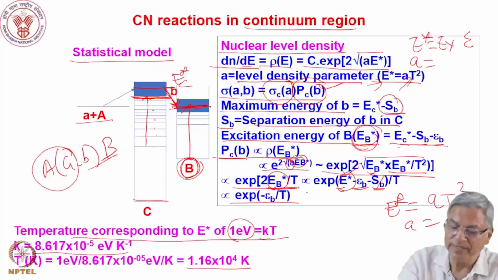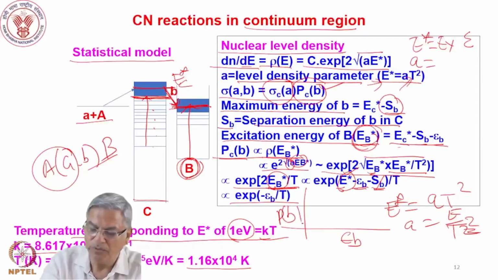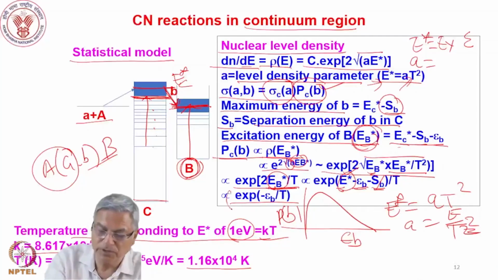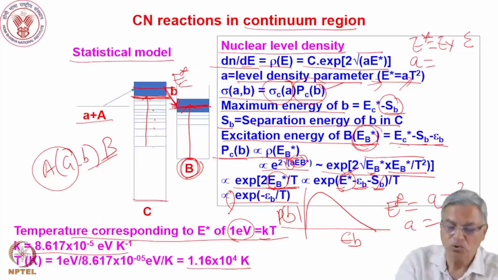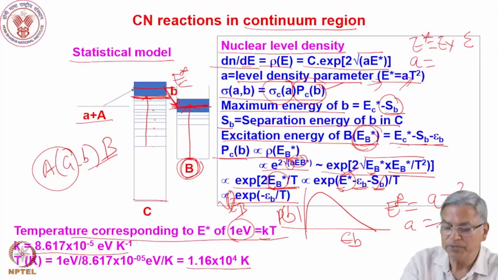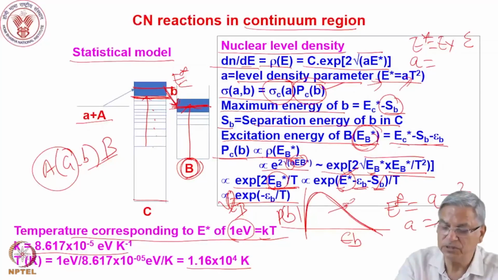So as a function of epsilon B, the probability of decay will be like this. There is a pre-exponential term, root of epsilon B, which I will not explain, followed by e raised to minus epsilon B upon T.